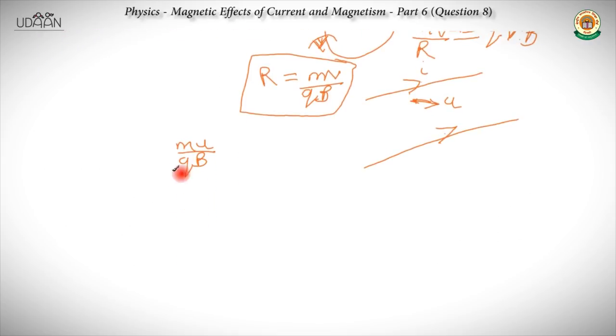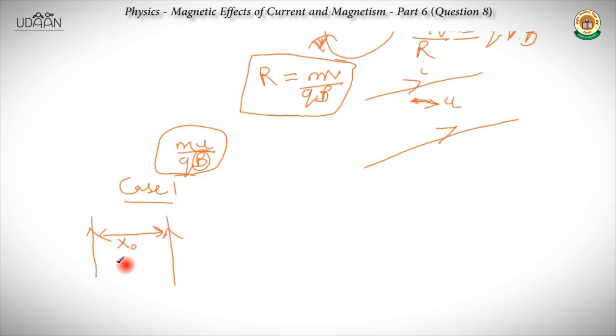Now let's look at the various B, because in the cases we have, this is fixed, and when the current changes, then B is the only one that changes. So for case 1, we have this, say, in the same direction, and these are at a distance x0, and here is a particle.